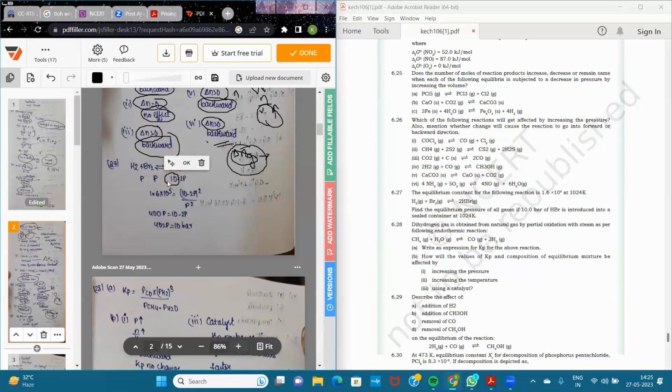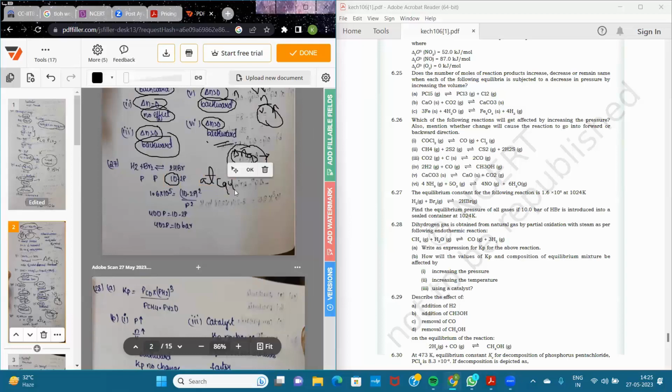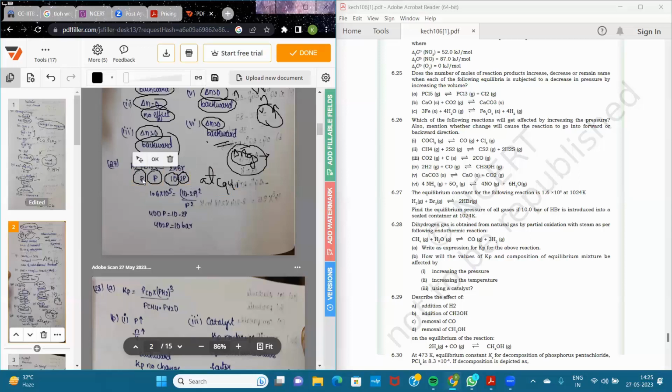So we'll write 10 bar and after at equilibrium, we'll write the partial pressures of each reactant and product present at equilibrium. Here, if we consider decrease of 2p pressure compared to the initial condition, here P pressure and P pressure of H2 and Br2 were generated.